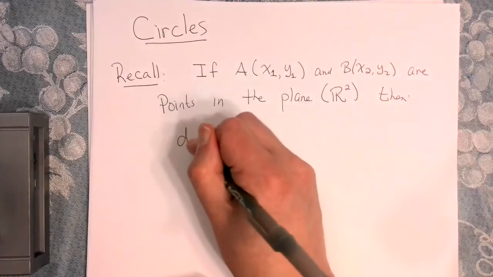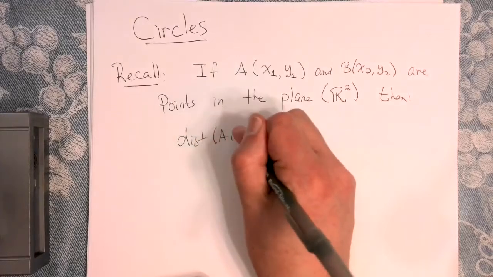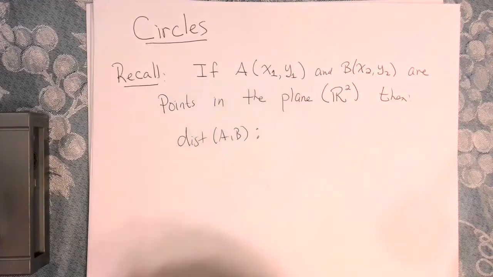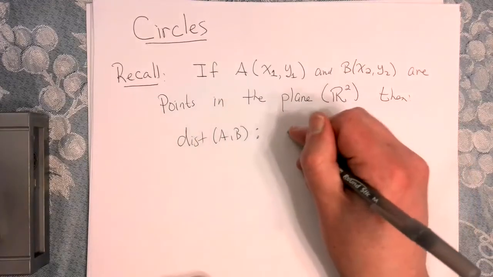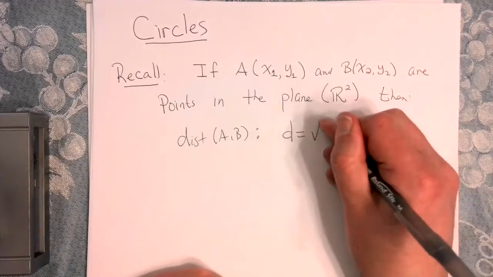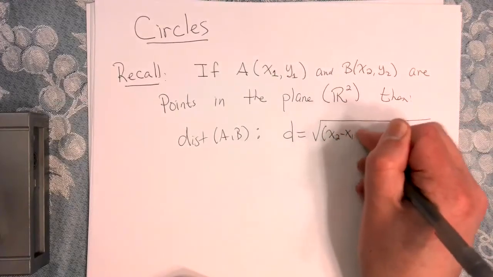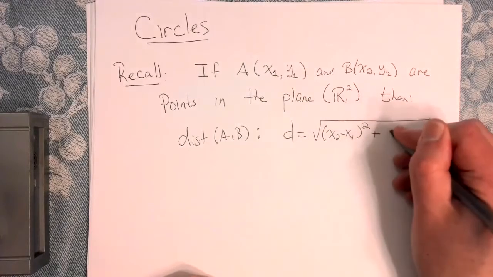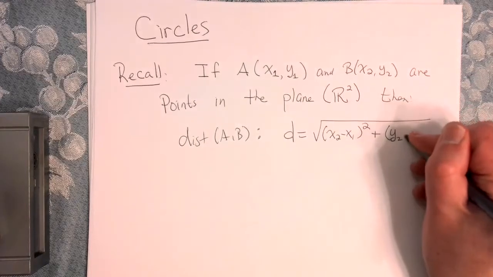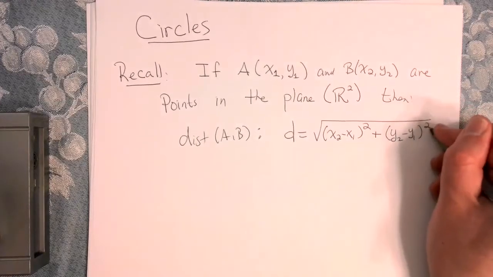Then the distance from A to B is given by the square root of (x2 minus x1) quantity squared plus (y2 minus y1) quantity squared.